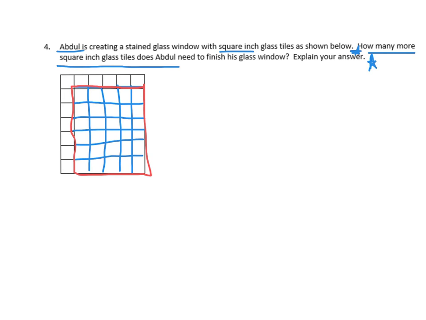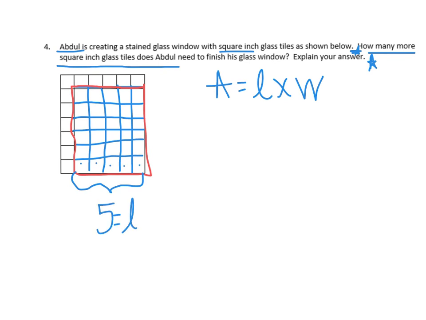Okay, now I need to determine what the area of that part is only. So I know the area equals length times width. Let me count to see what the length is. I have 1, 2, 3, 4, 5 is my length. The width is 1, 2, 3, 4, 5, 6.